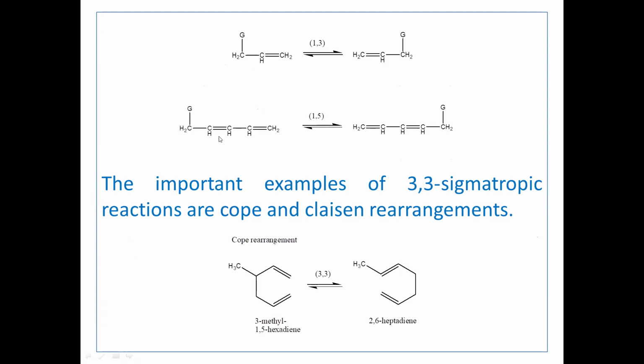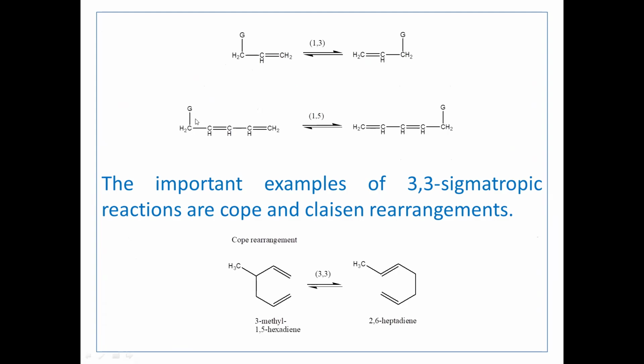And here we can see this is a diene with 5 carbons. The migrating group is present here. So now we number the system from the carbon containing the migrating group: 1, 2, 3, 4, 5.